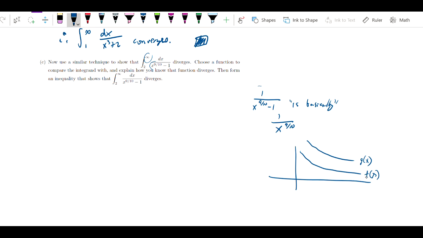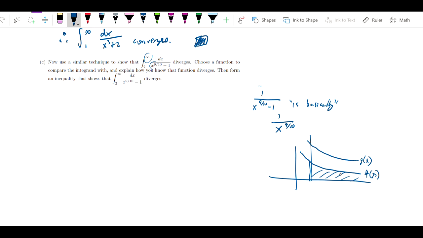Here what I'm going to say is the integral of f of x diverges, and now g of x, which is bigger than that, if I add up all the area under f of x and I still get infinity, it certainly makes sense that if I'm now adding up all the area under g of x, I'd have to get infinity because it's going to be a bigger amount of area. So we're going to do the same sort of thing we did in the previous part, but in reverse.